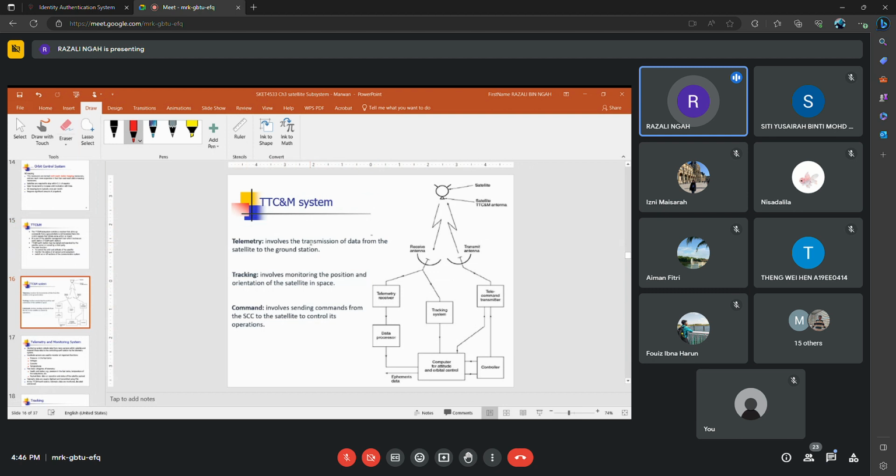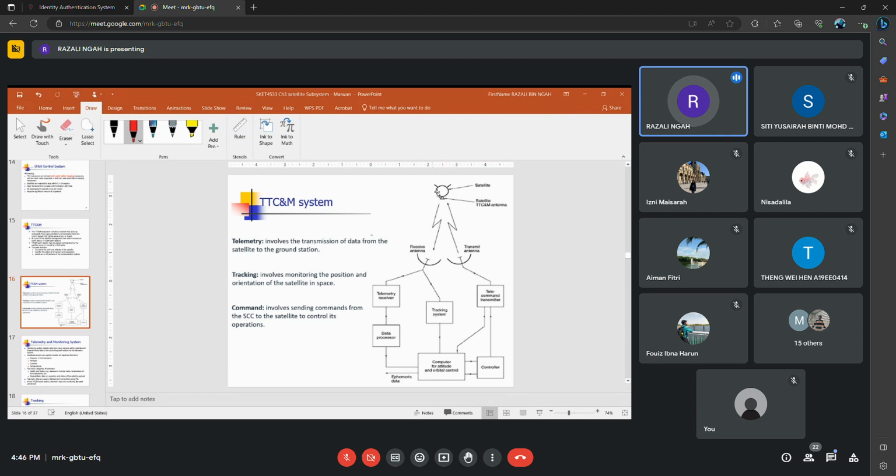Telemetry involves the transmission of data from the satellite to the ground. On the satellite, we put many sensors to monitor its condition.